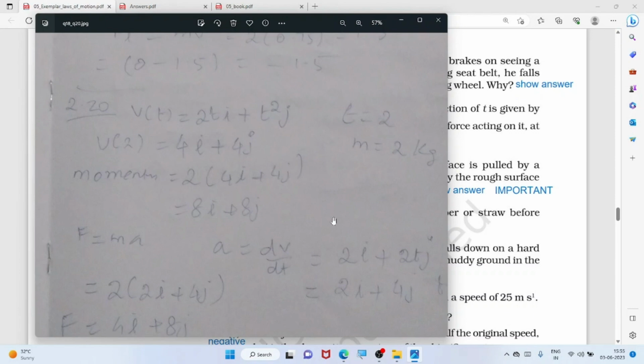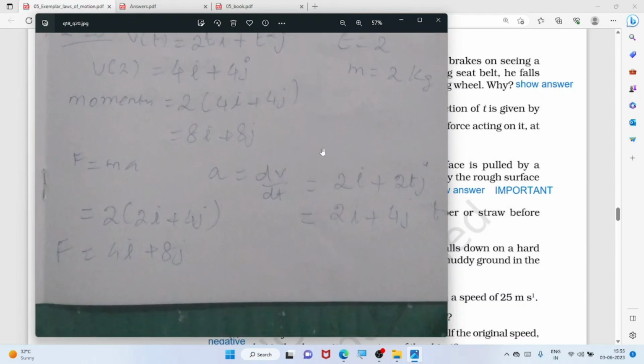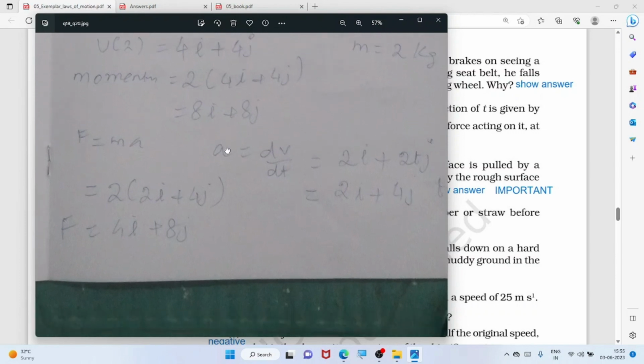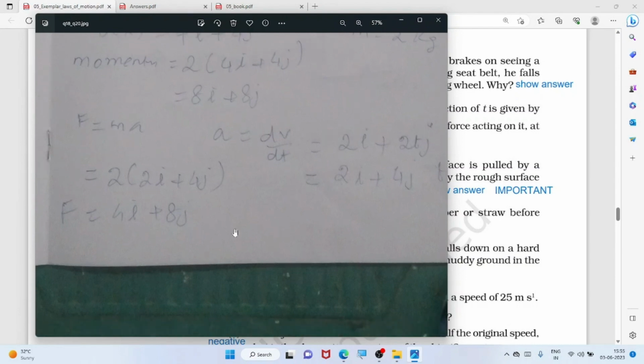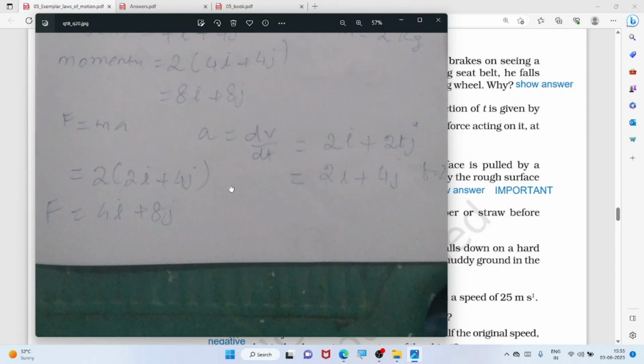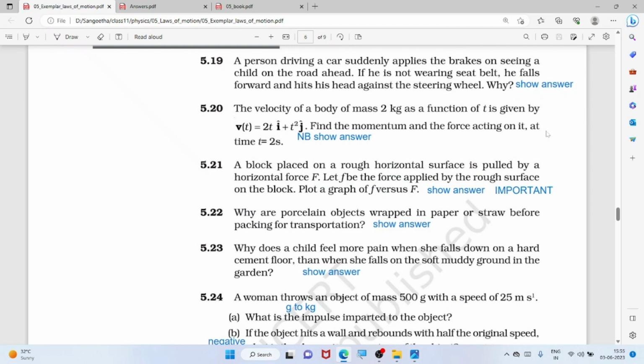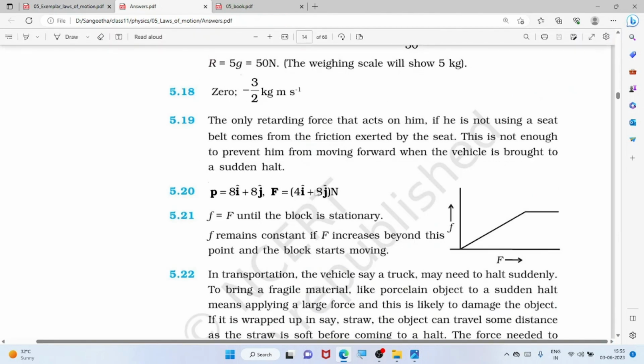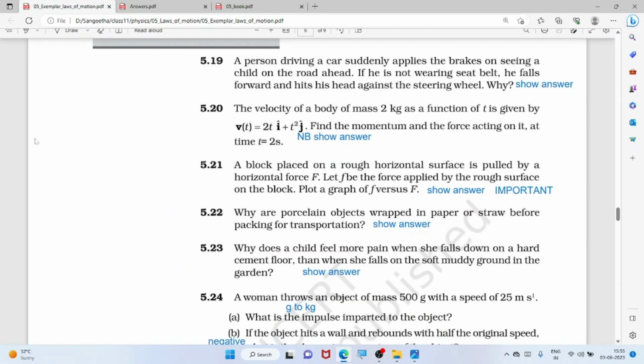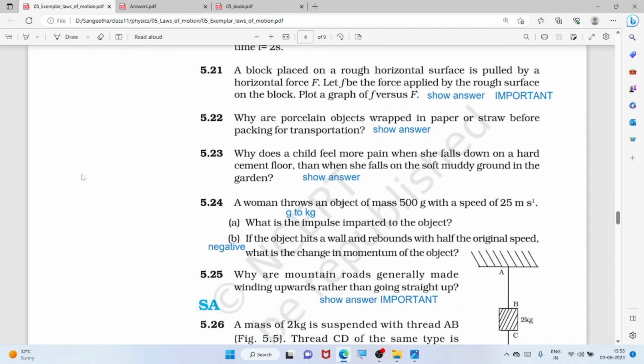Mass into velocity is the momentum, then force is the mass into acceleration. So the momentum and the force. 21.